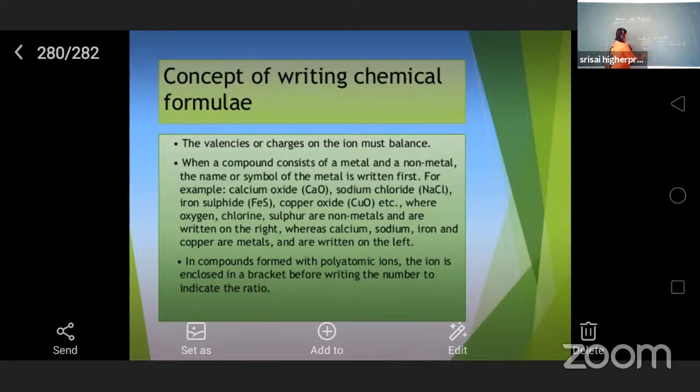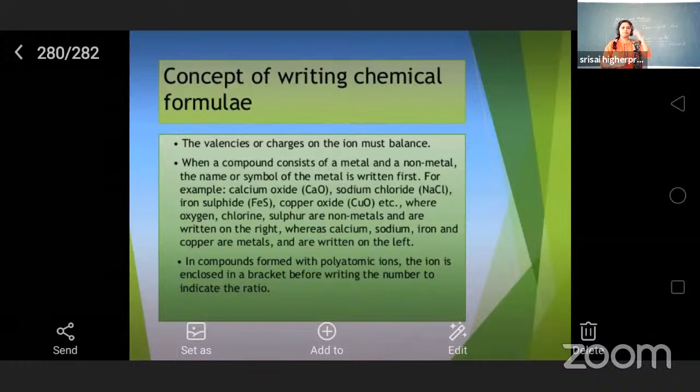Sodium chloride is NaCl. Sodium is a metal, Cl is a non-metal. Calcium oxide, sodium chloride, iron sulfide: iron is a metal, and sulfide is a non-metal, written on the right side of the metal.